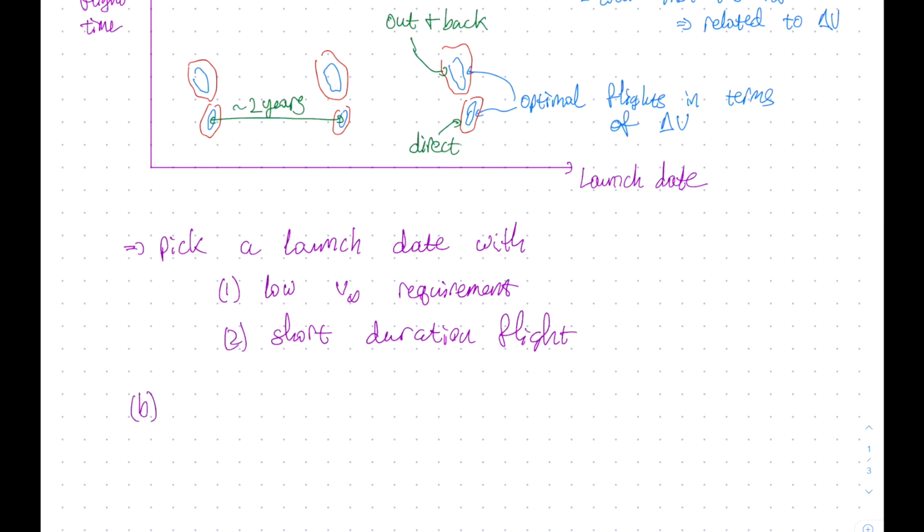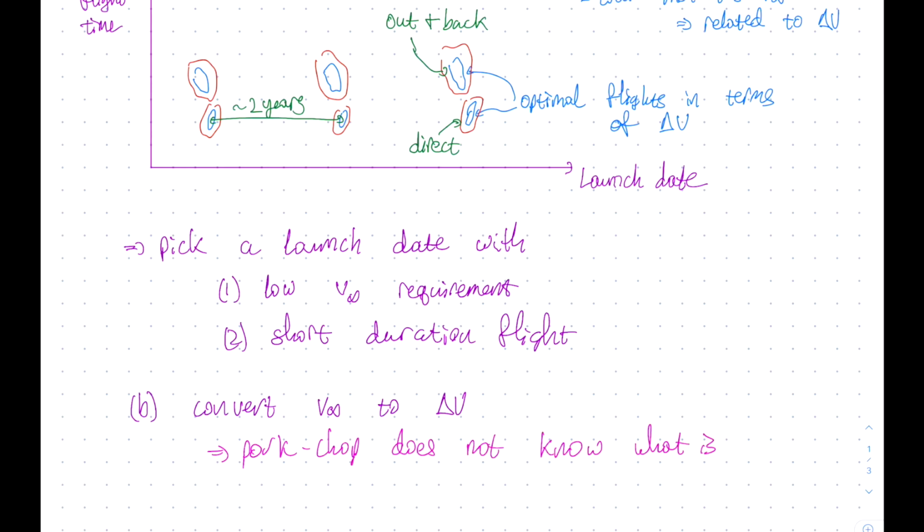Specifically, our goal is to take V infinity from the pork chop and convert it into a delta V, which is necessary starting from low Earth orbit. The pork chop plot doesn't know anything about the spacecraft's trajectory around the Earth.